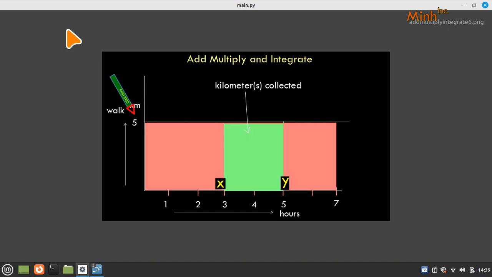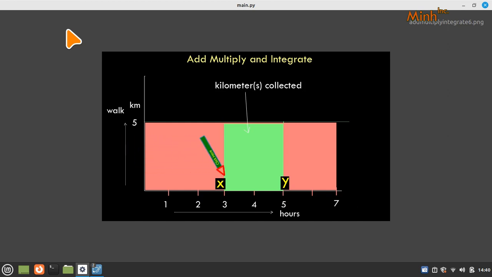Now a person is walking 5 km per hour, and between x and y, how much has he walked? That is the area. That is 5 into y minus 5 into x. 5 into y is this area, and 5 into x is this area.